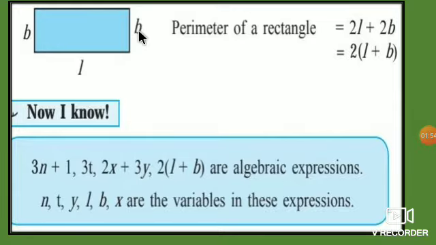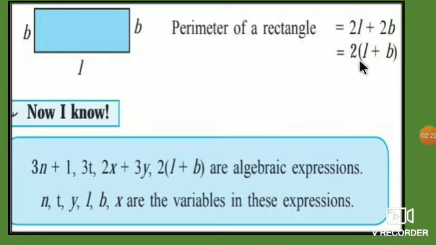The breadth may be 1, then 2 or 8 or 7, any number. So the value of B also varies. Means the value is variable. So these letters are used for the variable values. That's why these letters are called the variables here. Understood it?